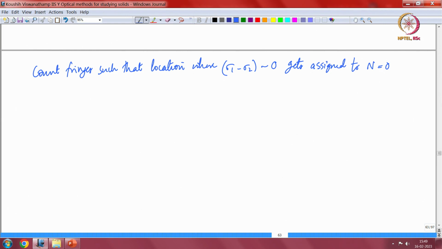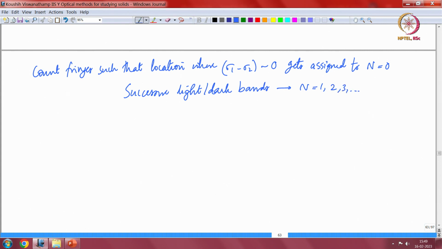I will show you an example for this diametrically loaded disk in a minute, but this basically gives you the first fringe, and then successively light or dark bands correspond to n equal to 1, 2, 3 and so on.